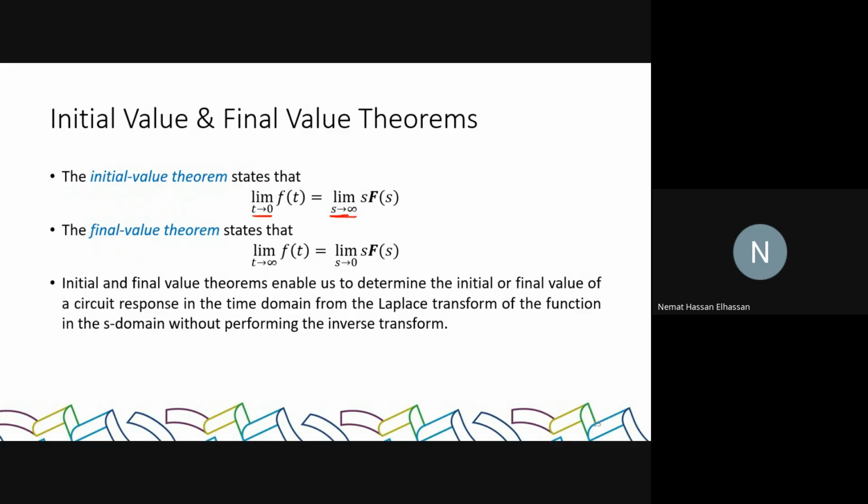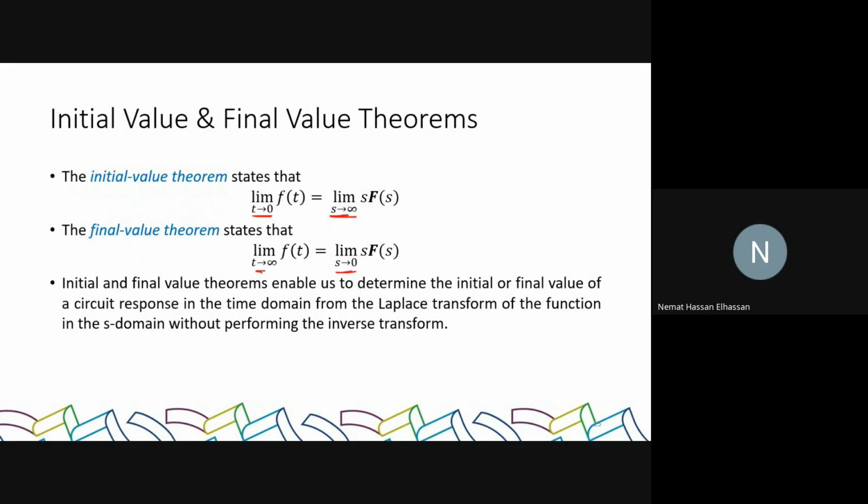And the opposite: the final value in time, the limit when t goes to infinity, is equal to the initial value in frequency. Okay? Why do we need this? When we analyze electrical circuits we have something called steady state, right? The final value. When you run a system, for example a machine in a factory, initially it overshoots and then it stabilizes, right?